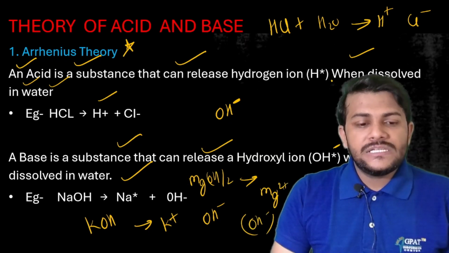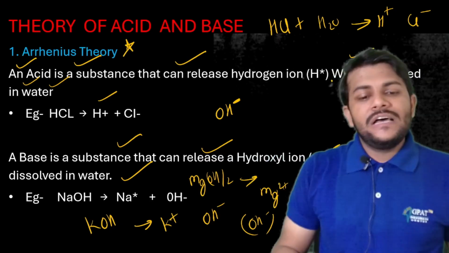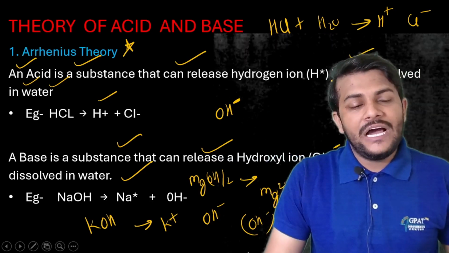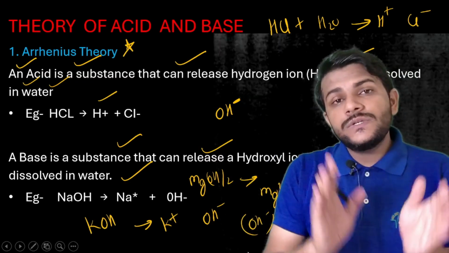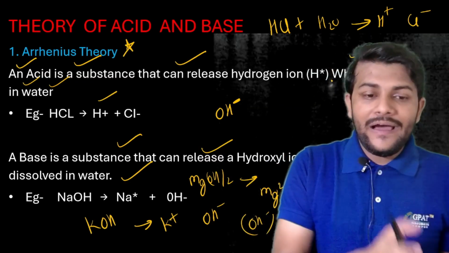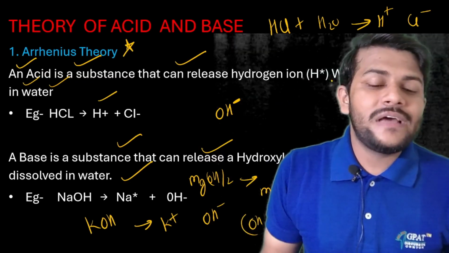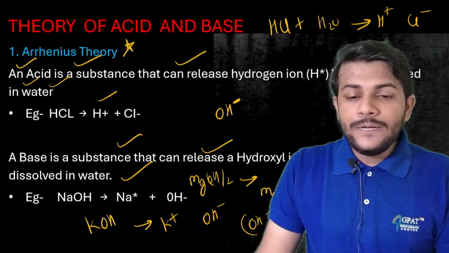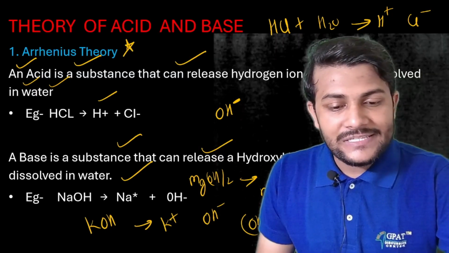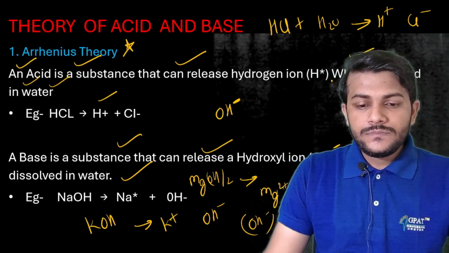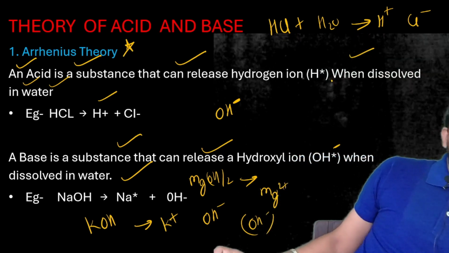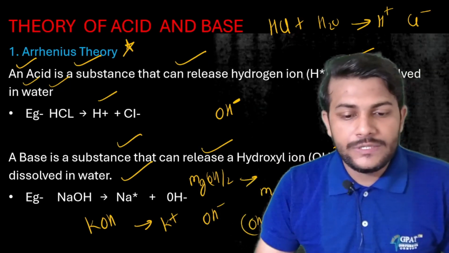So according to Arrhenius, a base is a substance that releases OH negative ions. Students, don't confuse acid and base: acids release H positive ion when dissolved into water, whereas a base, when undergoing dissolution, releases the OH negative ion into the solution.